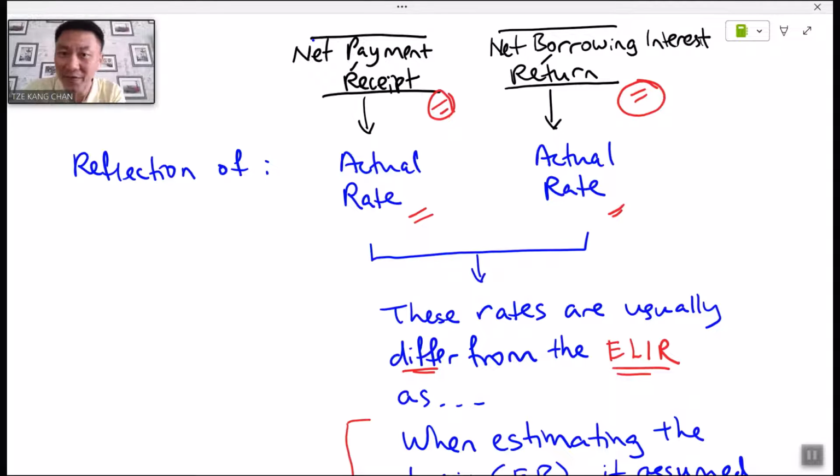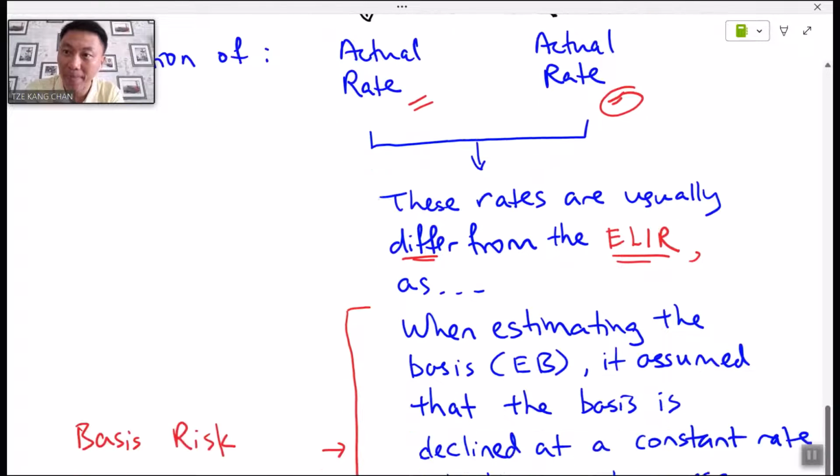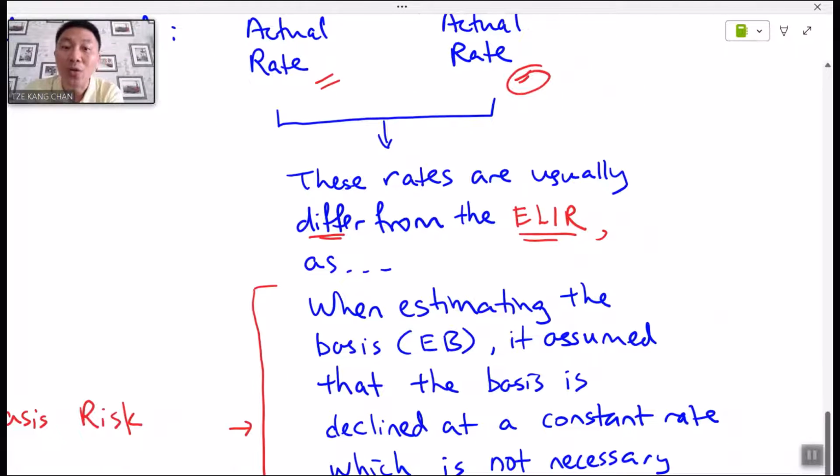Why is there a difference between the actual rate and the estimated lock-in rate? It is mainly because when we estimate the lock-in rate, the second component, the estimated basis, is derived with the following assumption.